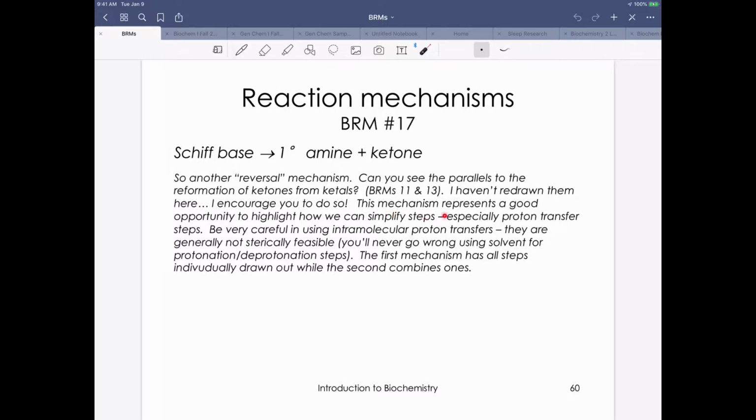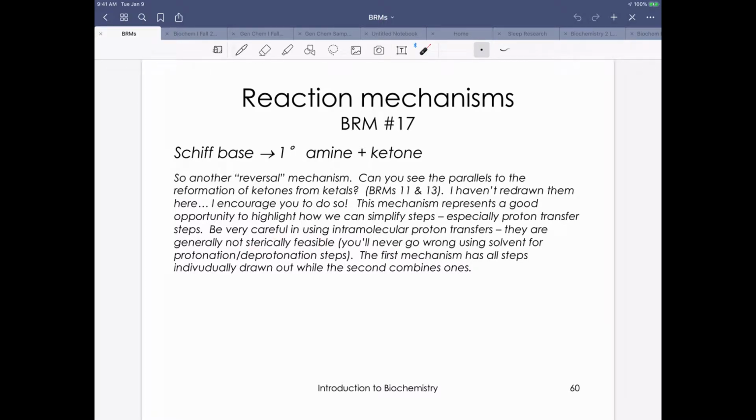One of the things that we're going to highlight in this mechanism is how we can simplify steps, especially when we think about proton transfer steps, making our mechanisms a little bit simpler now that we know how to do them a little bit better. It's another highlight of the importance of avoiding intramolecular proton transfers unless you have a sterically feasible situation, forming a 5 or a 6 membered ring.